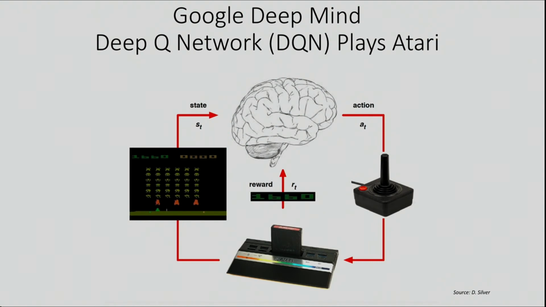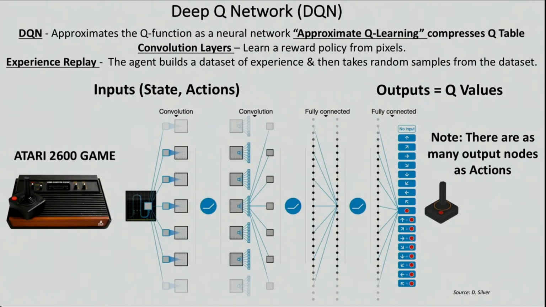So what they did is they took many of their principles and built out a network that looks like this. Now, this is at a very, very high level, and there are papers available that they published if you want to dig down into great detail about many of the techniques here that I'm not even going to address. There's a lot involved here. But at a high level, what you see is that we're approximating the Q function as a neural network.